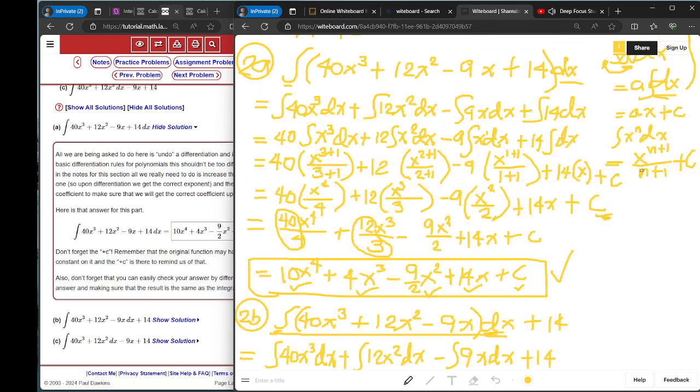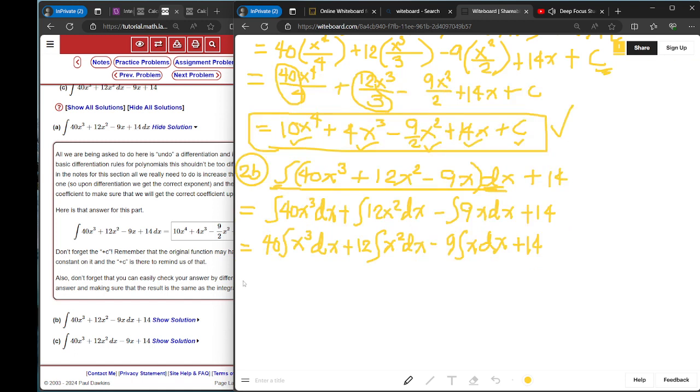Then follow the properties here. When integrating x to the power of something dx, we'll just have to add 1 to the exponents. This will become x to the power of 3 plus 1 over 3 plus 1, then plus 12 times x to the power of 2 plus 1 over 2 plus 1, minus 9.